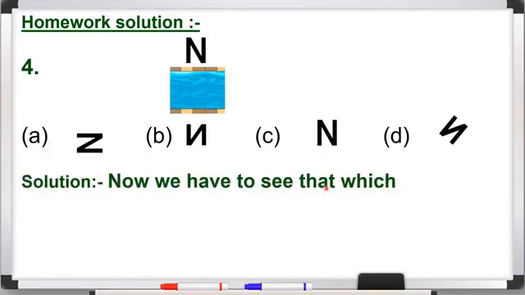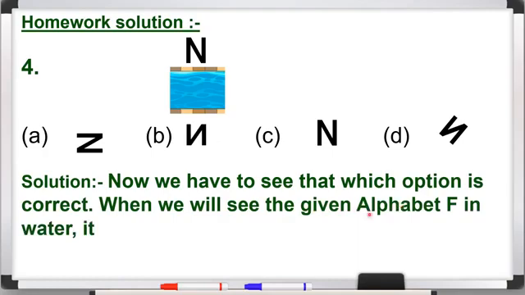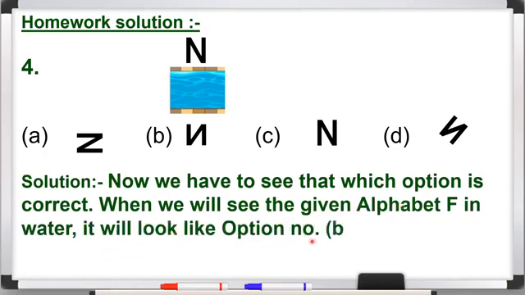We have to see which option is correct when we see the given alphabet N in water. It will look like option number B. Okay, so option B is correct like this. Okay, option B is correct.